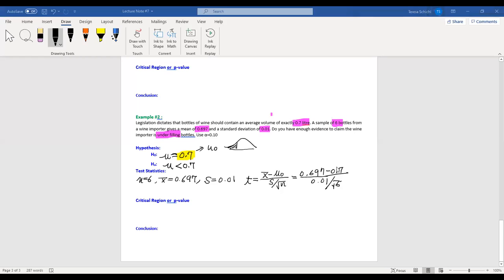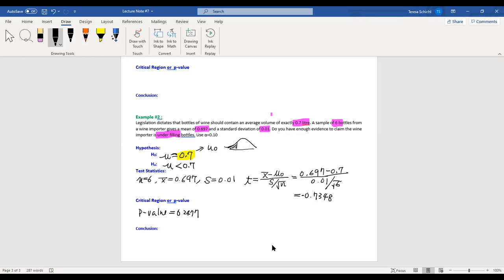What we just got from the calculator is a test statistic of negative 0.734, and the p-value from the calculator is 0.2477.